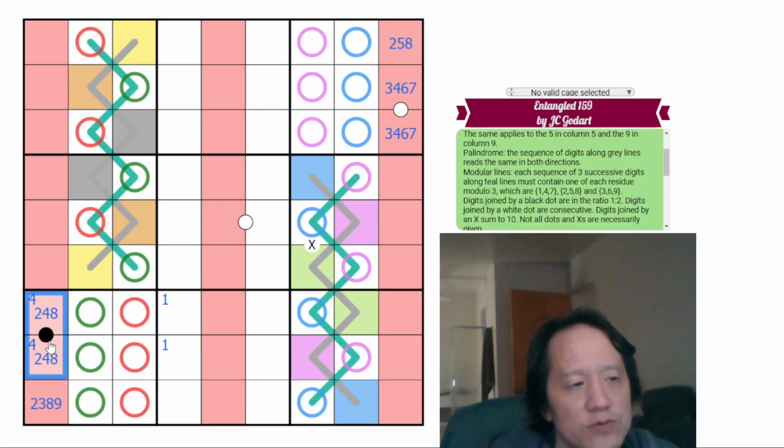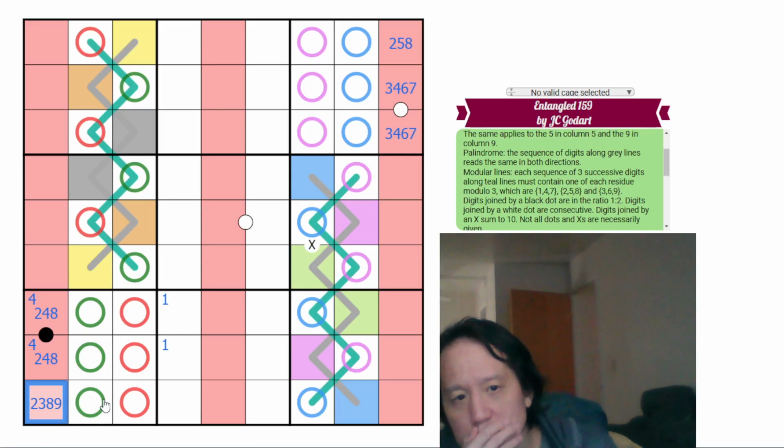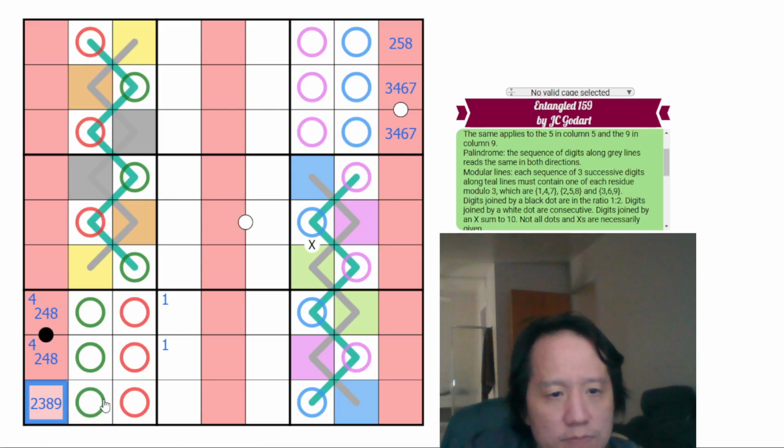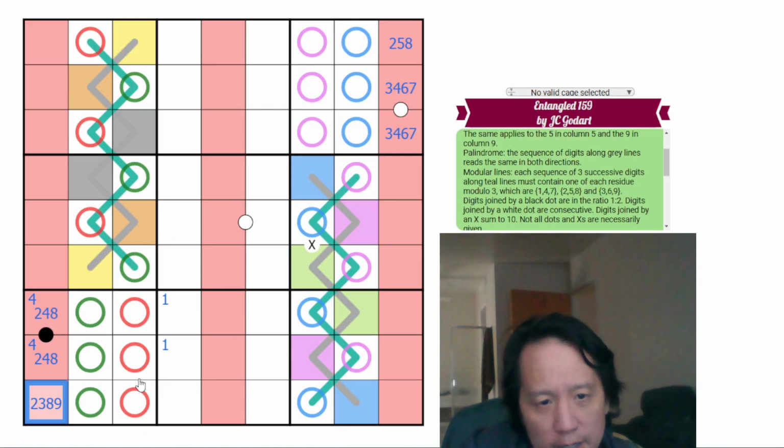If this is 2 and 4, this is 9 or 8. 2, 3, 8, or 9. That means the 1 is here because this is 4.